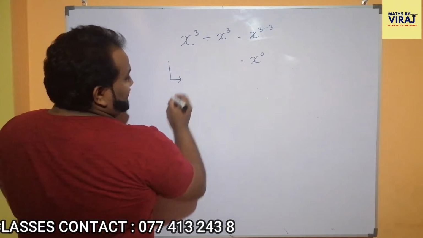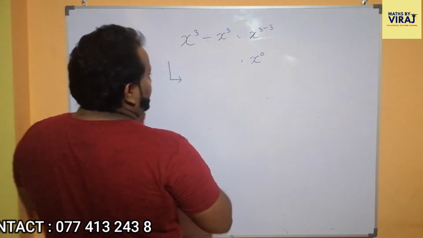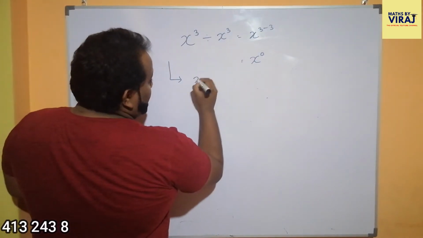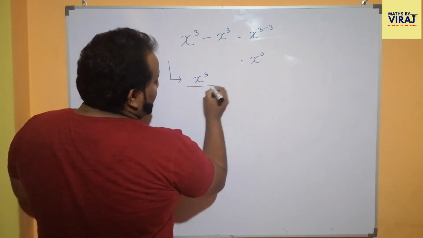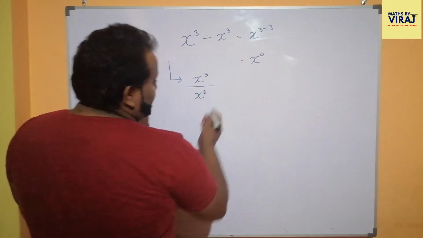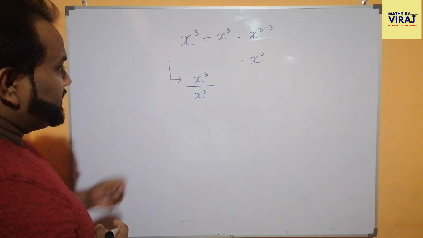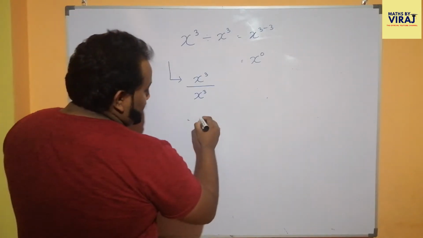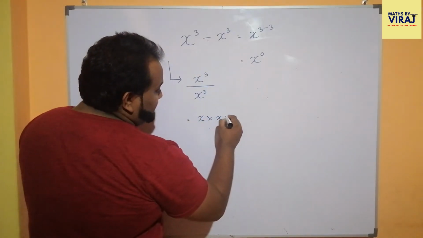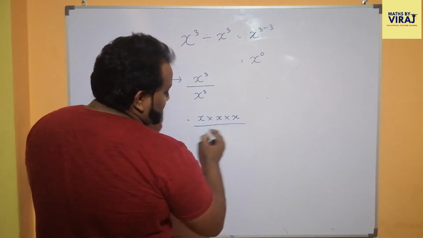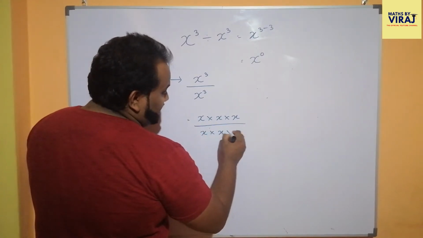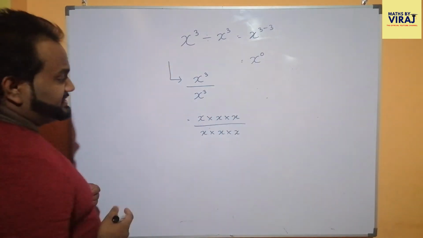If I did the working in a slightly different way, it would look like x to the power 3 divided by x to the power 3. Here, x is multiplied by itself 3 times and again divided by such a set of x's.